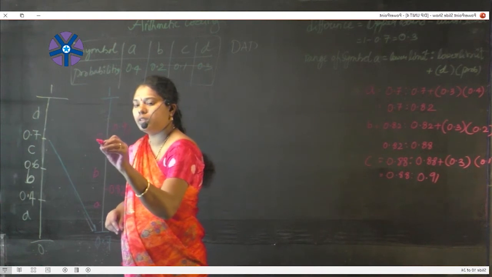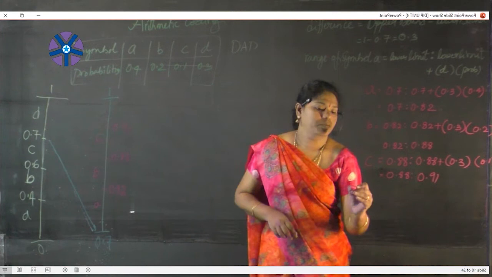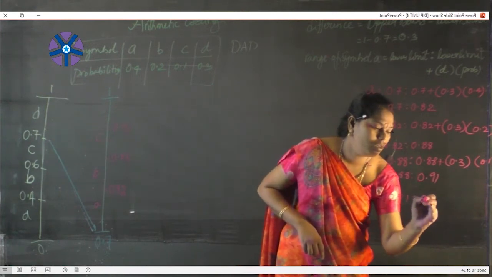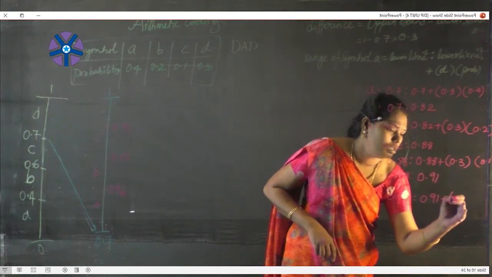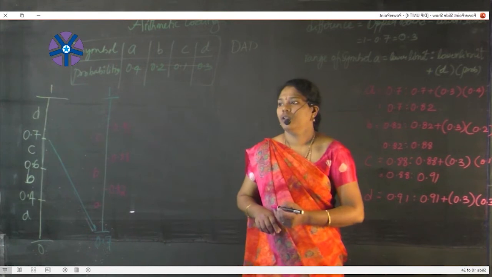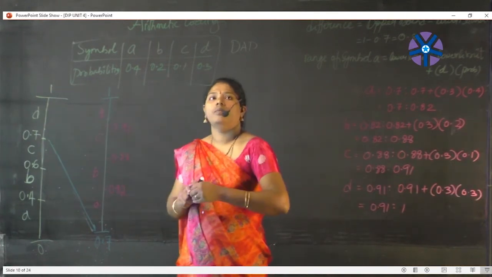This is for C. The next is for D: 0.91 colon 0.91 plus 0.3 into 0.3, as the probability of D is 0.3.